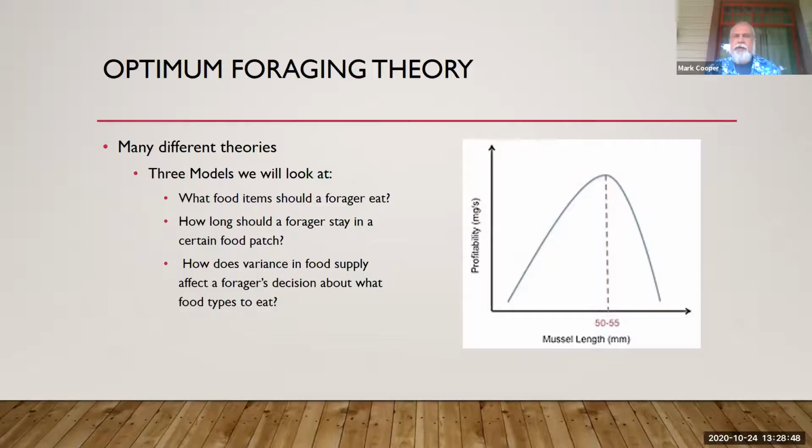And when I'm searching for food, how long do I stay here before I move to a new area to look? And do I change what I eat depending on what's actually here? These are all questions that have been interesting to animal behaviorists, and they've come up with this theory, optimal foraging theory, that you try to optimize how you look for food and manipulate food. That's what we're going to spend time on.